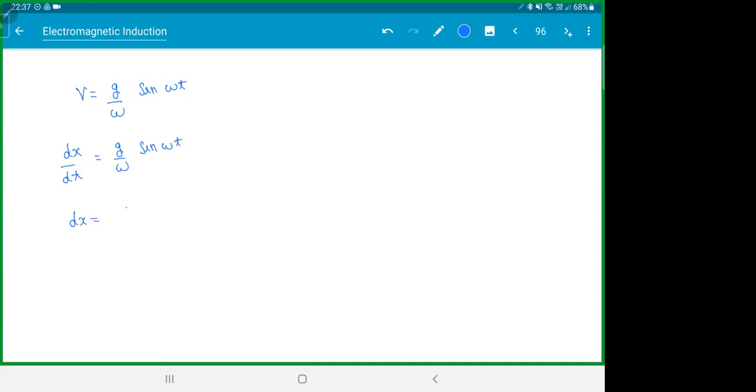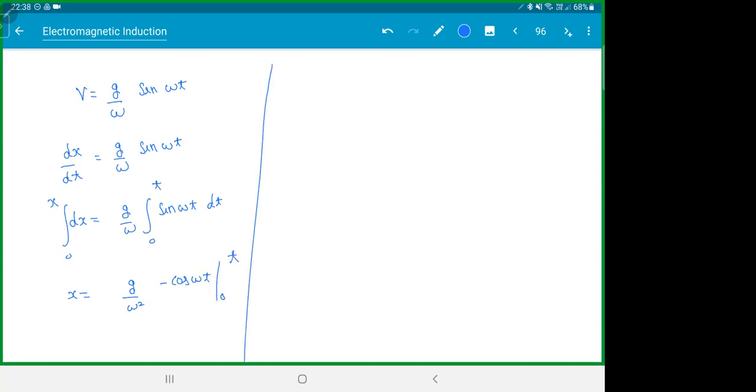So this will be integral dx equals g by omega integral sin omega t dt, 0 to t and 0 to x. We get x is equal to g by omega squared times minus cos omega t. Limits will go from 0 to t. We end up with x is equal to g by omega squared times 1 minus cos omega t. Cos 0 is not 0. That's your position as function of time t.